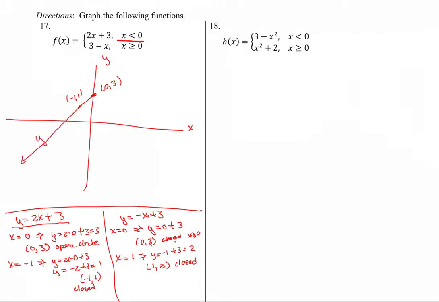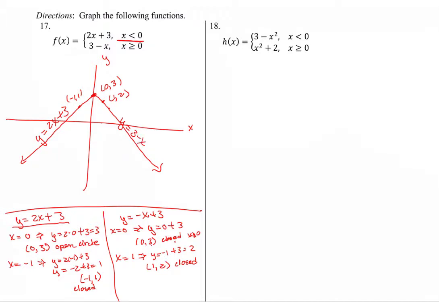And this is the line y equals 2x plus 3. And then we have the line over here. We have the point 1, 2. So we're up here at 1, 2. And we have a line going down here. And this is the line y equals 3 minus x.